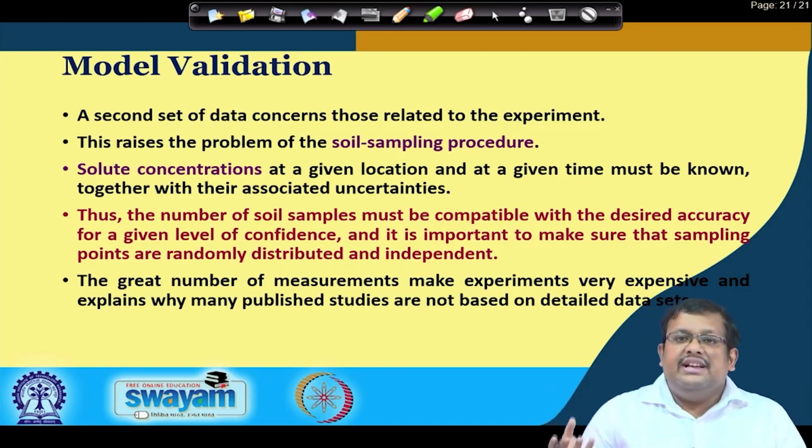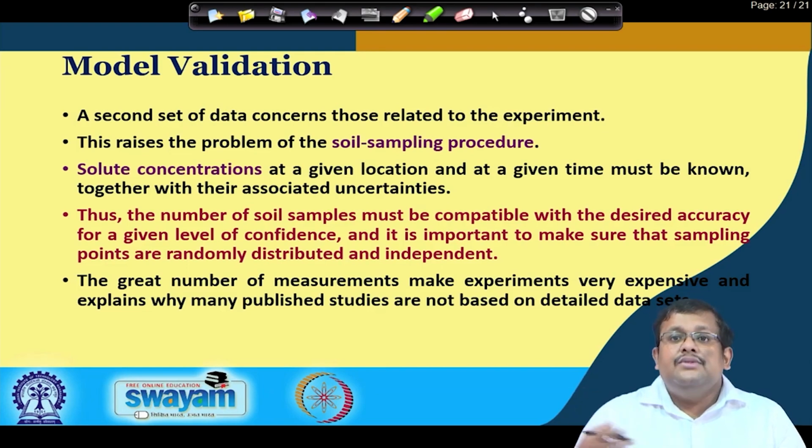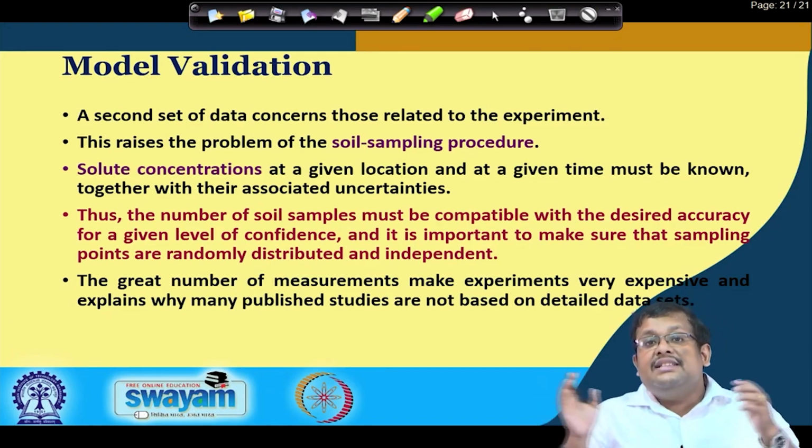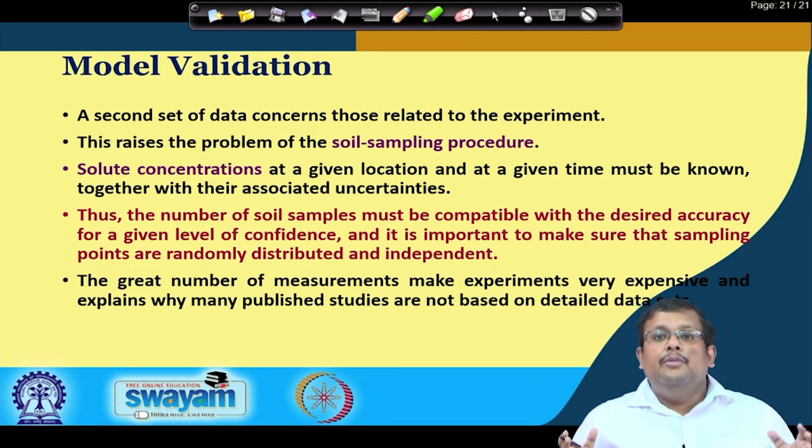You cannot validate the model with a very limited number of samples. You need a sufficient number of samples to achieve the desired accuracy for a given level of confidence. And it is important to make sure the sampling points are randomly distributed and independent, because if there is a dependence between the samples, then obviously your validation will not be foolproof.